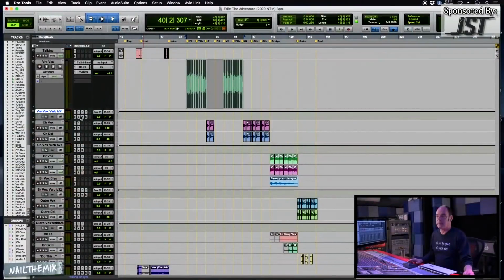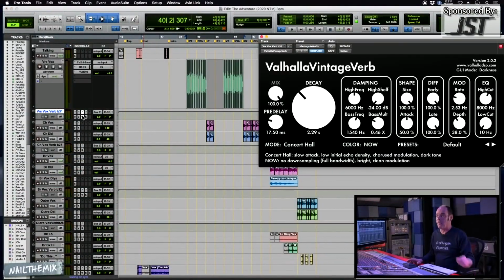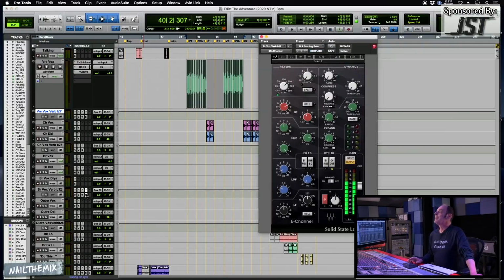So why would I automate it? For example, let's just go through. Here's my vocal, there's my verse reverb. Here's my chorus reverb, exactly the same. And here's my bridge reverb, exactly the same. Now let's look at what's after them. So here's the bridge reverb, right?